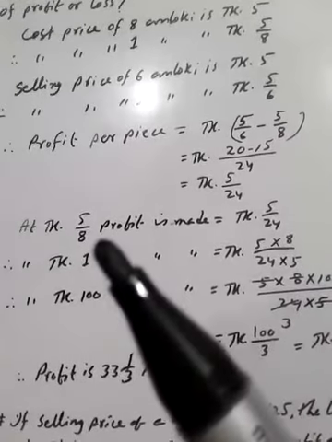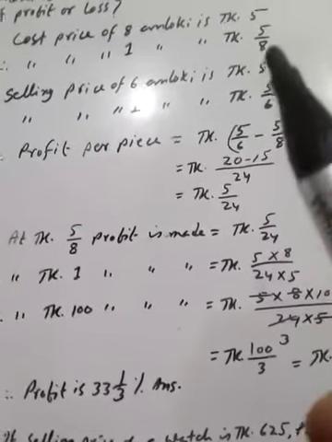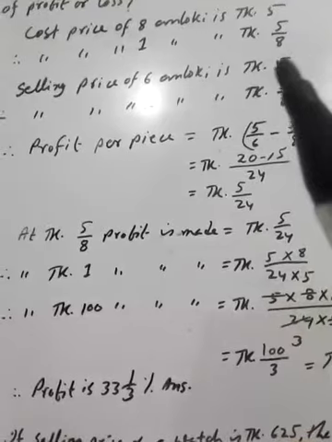The profit is 5 by 24 taka, and the cost price of 1 amluki is 5 by 8 taka.